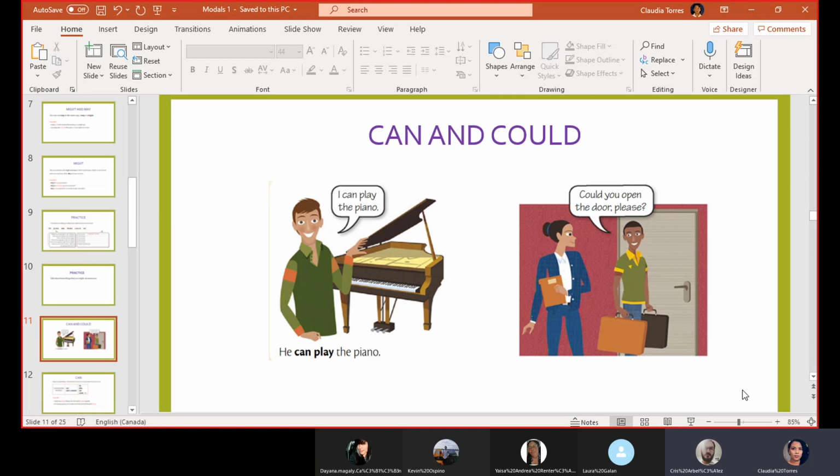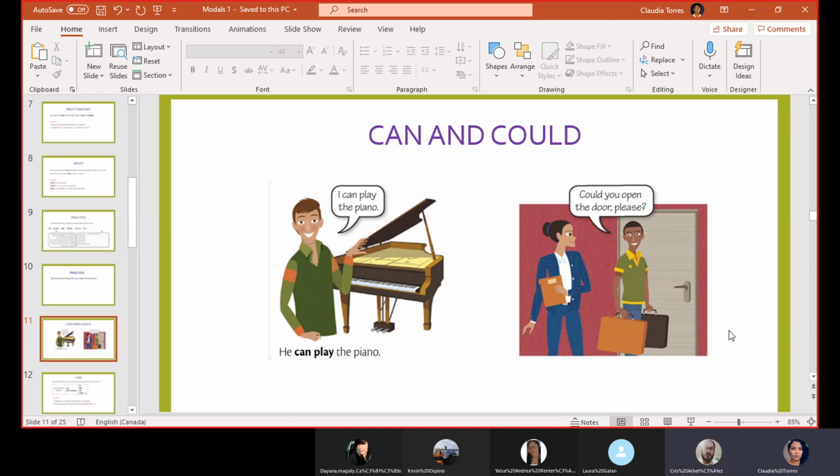But in the second picture, he asks, could you open this door, please? Here the meaning is different, because in this question you're asking for a favor, for example, asking for help. Sometimes you can also ask for permission.